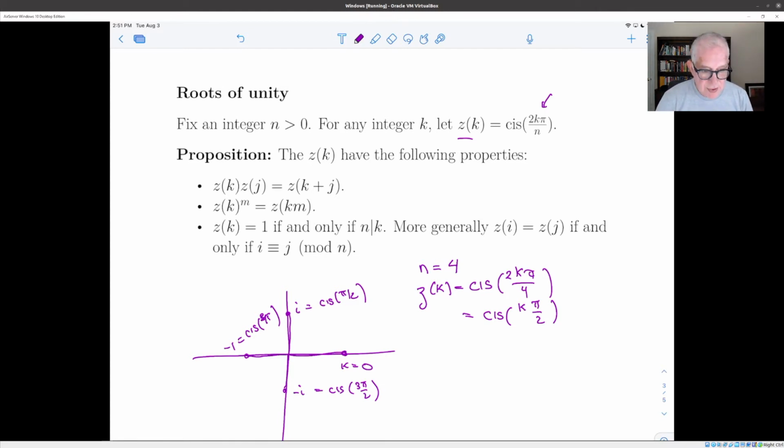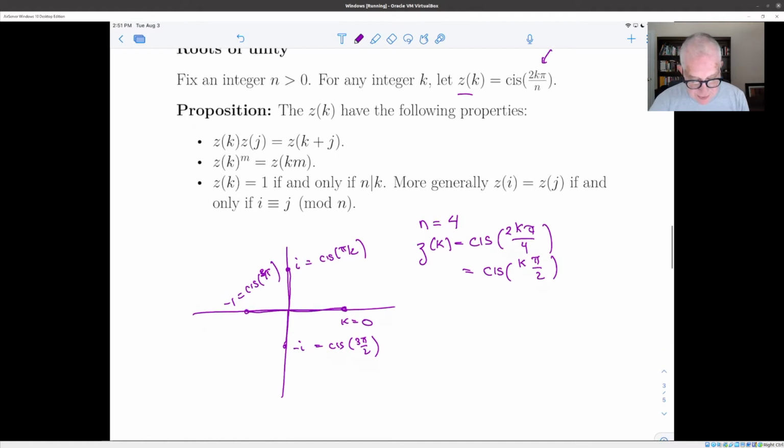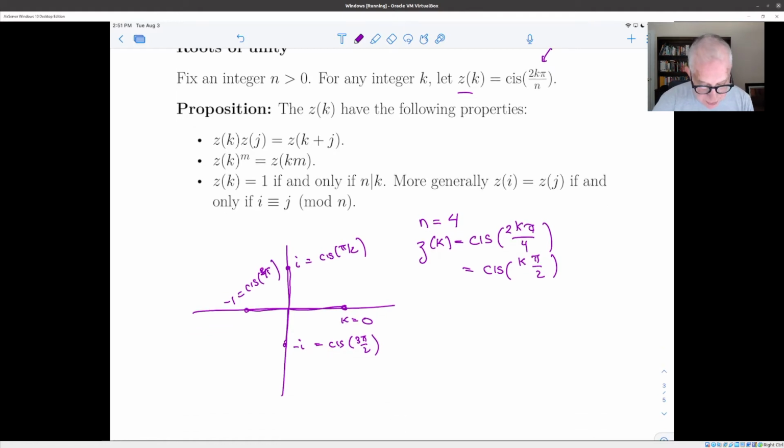So you can calculate with these z of k's, and I've put a few properties here. The first one is that if you multiply them together, you add the indices. So let's just check the proof of the proposition.